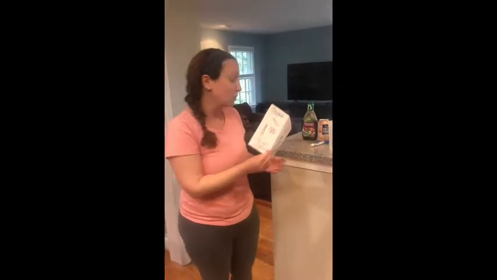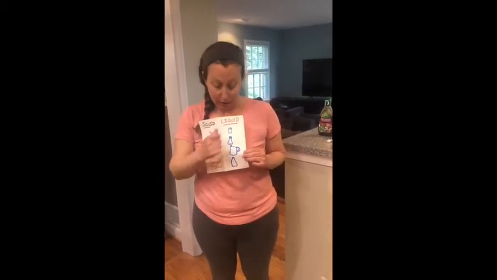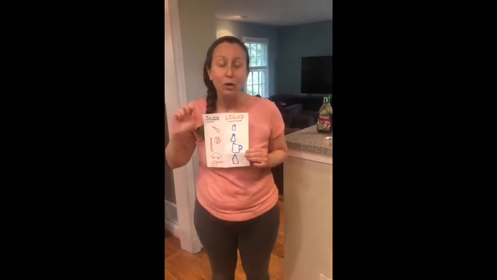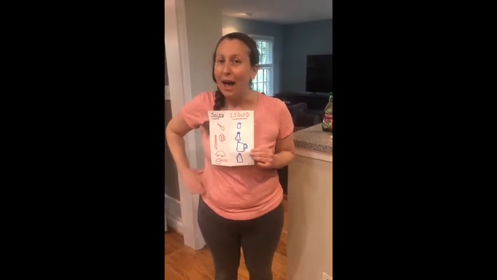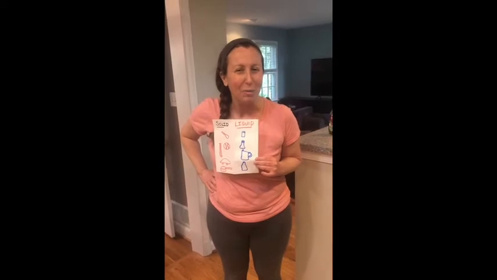So first thing I want you to do is go around your house, find items that are solid, find items that are liquids, test them out, record them. And then we're going to come back together for part 2. We're going to look at how water can be a solid, a liquid, and a third thing we're going to talk about in just a few minutes.